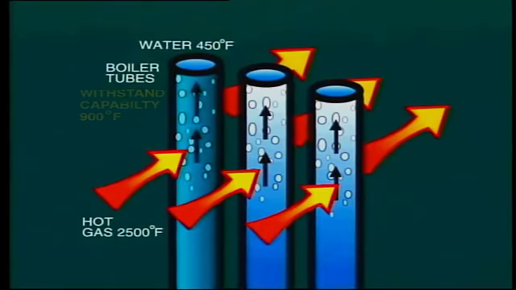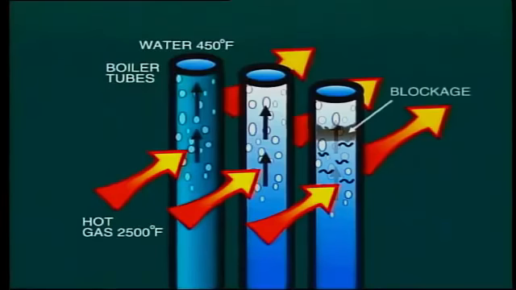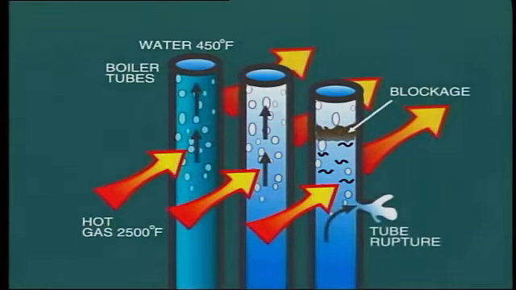It is only the positive flow of water inside the tubes which conducts heat away quickly enough to maintain the tube metal temperature at a safe level. If circulation ceases for any reason, for example, a blocked tube, the metal will rapidly overheat and fracture within minutes.